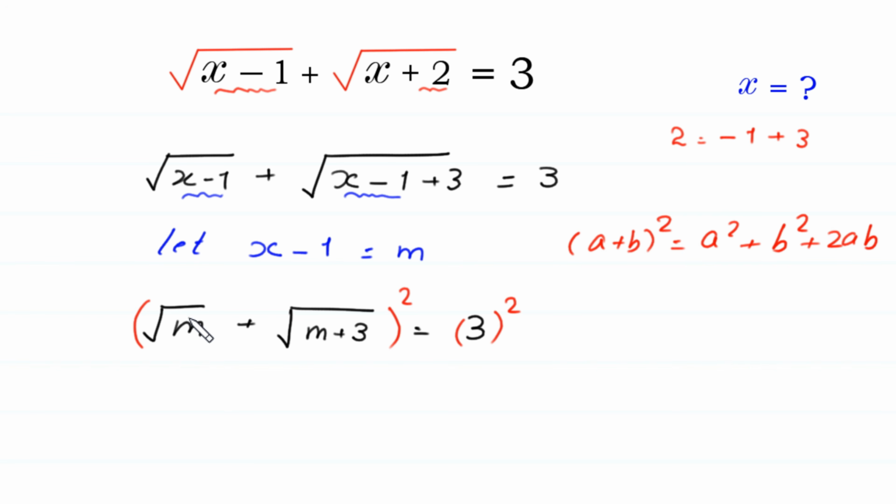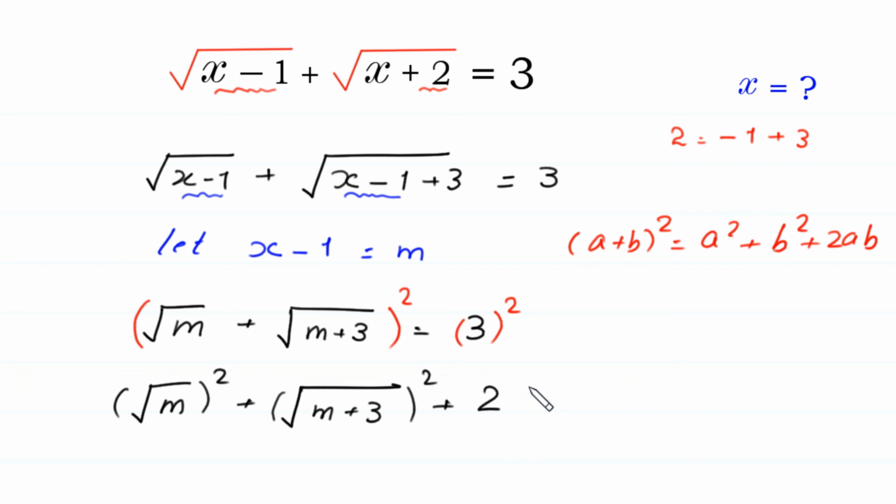This square root of m plus square root of m plus 3 whole square is equal to square root of m square plus square root of m plus 3 square plus 2 times square root of m times square root of m plus 3 is equal to, and this 3 square is equal to 9.